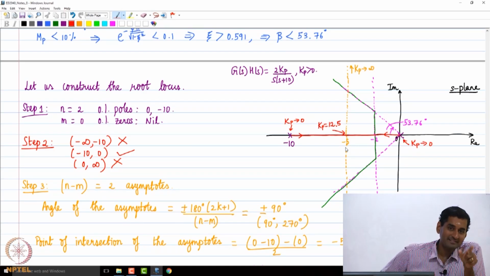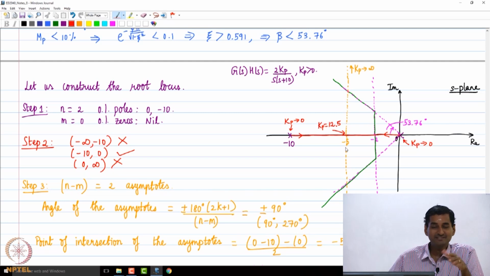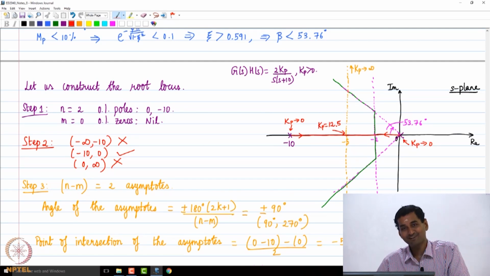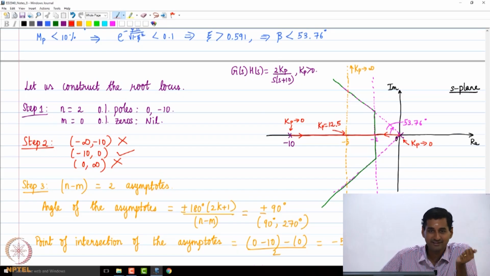The only catch is that if you have a breakaway point or a break-in point which is complex, the conjugate also must be one. But the condition is that k should still be positive, of course if you are considering positive k, or negative if you are considering negative k. That constraint we need to always check. Okay.